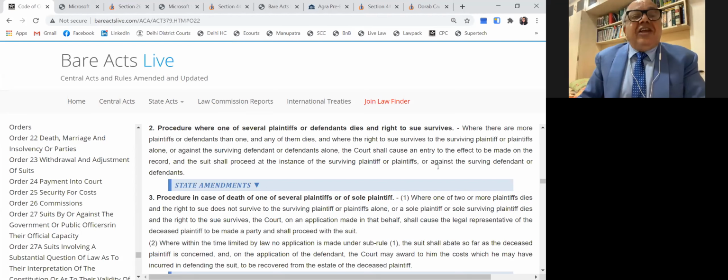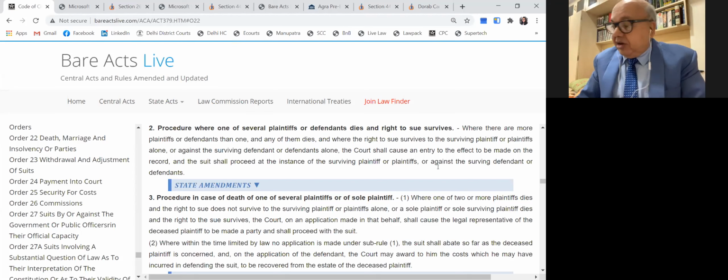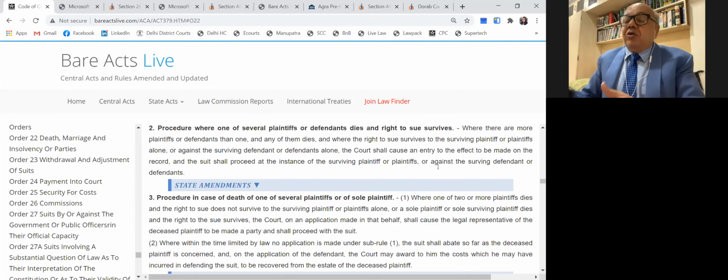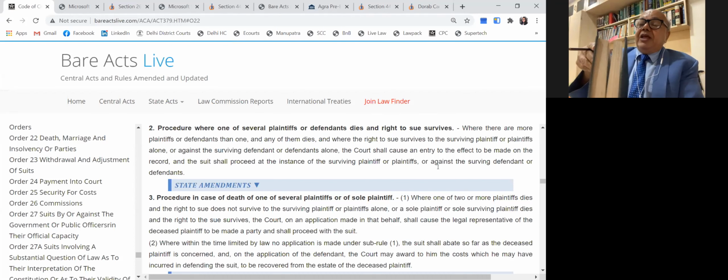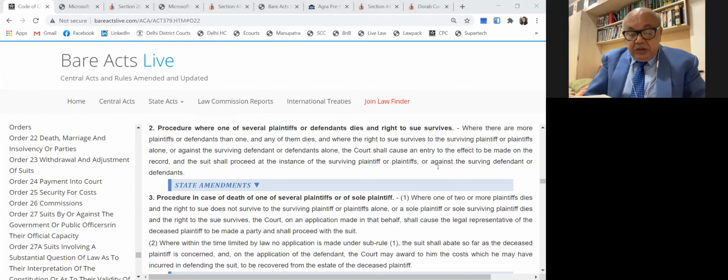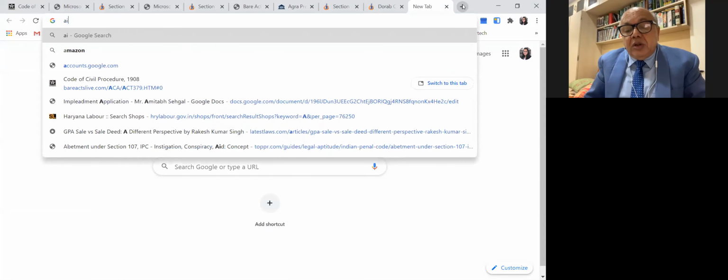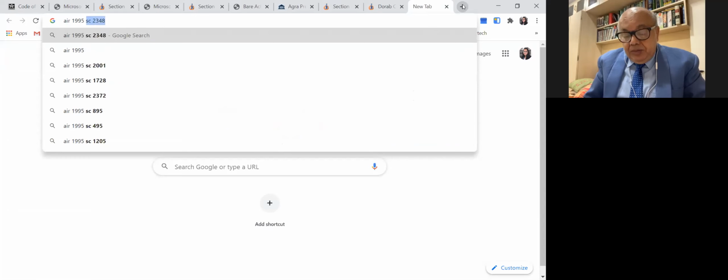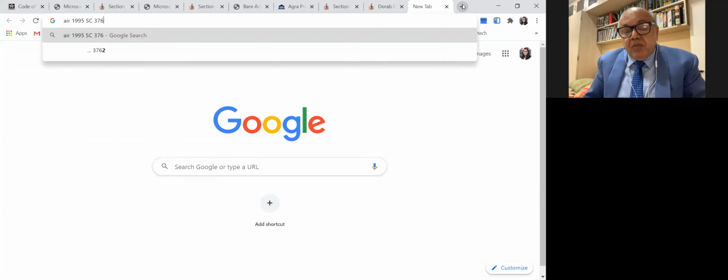Now, one of such cases which came up for consideration before the Supreme Court, where the heirs were not brought on record, is AIR 1995 Supreme Court, page number 376.